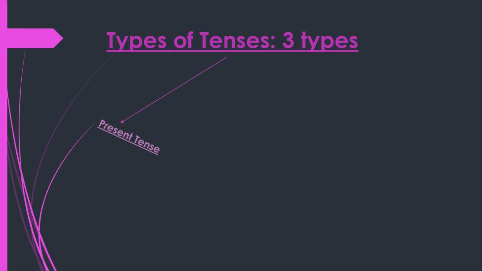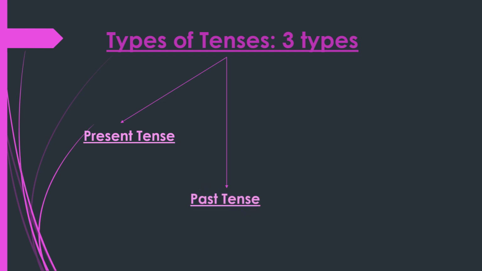The first type we learnt about was present tense, before the terminal examination. Then in the previous week, we learnt about the past tense. And in today's video, we are going to learn about the future tense. So these are the three types of tenses in our syllabus this year.